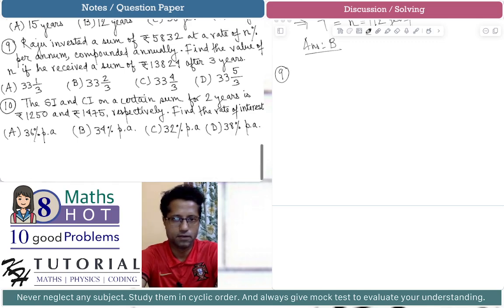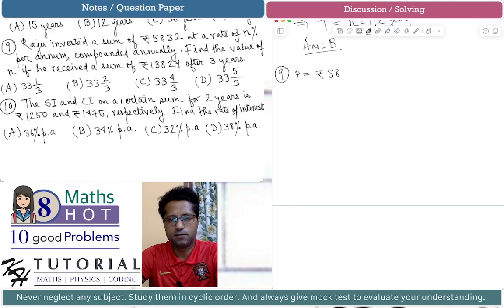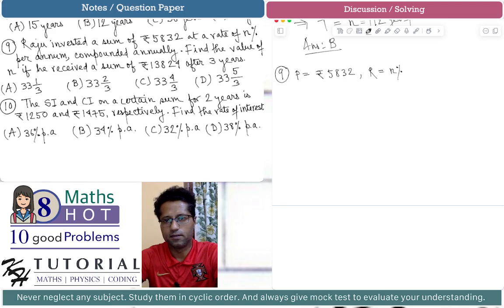So the amount is given, t is given to be 3 years, and the sum, the principal, is also given. So P is given to be rupees 5,832. The rate is given to be n%. We have to find n per annum, and compounded annually means u is given to be 12 months.